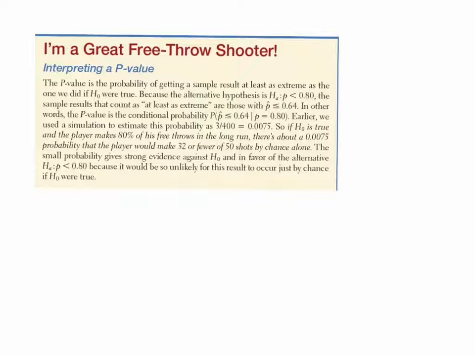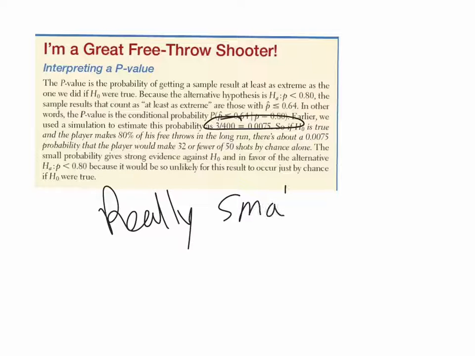We found that the probability of 0.64 happening, that shooting percentage, if he's an 80% shooter, was 0.0075. When we do the math and calculate that probability, we find it is 0.00075. That's really small. That p-value is really small.